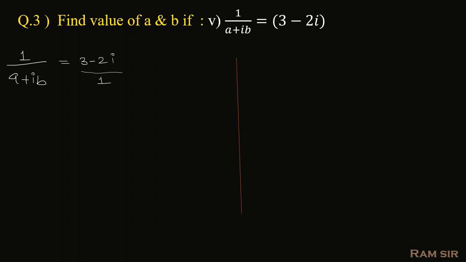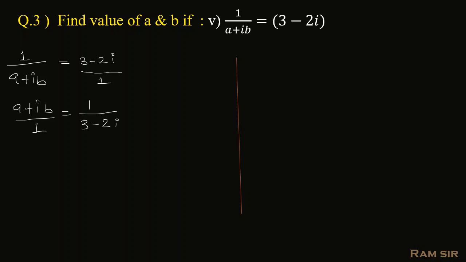And now what we do? We do invertendo. Invertendo will help us to find out value of a and b easily. So after doing invertendo, we get a plus ib whole divided by 1 is equal to 1 upon 3 minus 2i.